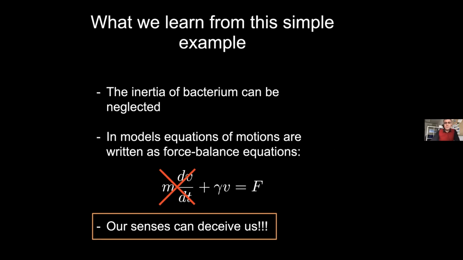So what is typical equation for describing processes on the cellular level are force balance equations. So we have here friction force, and we have some external force that actually exerted to this bacteria, and these two forces are in balance.